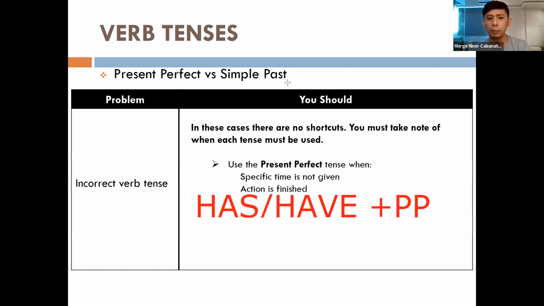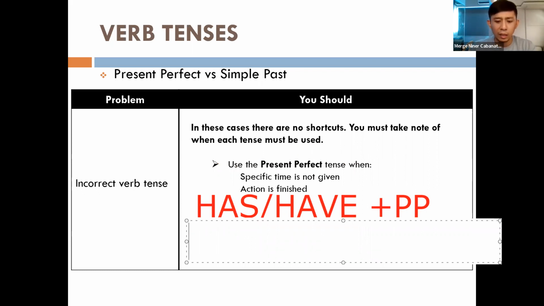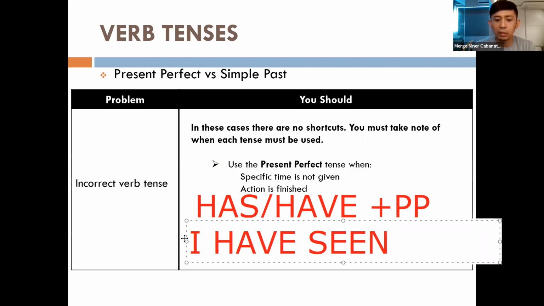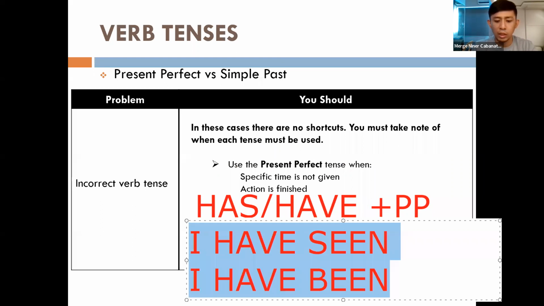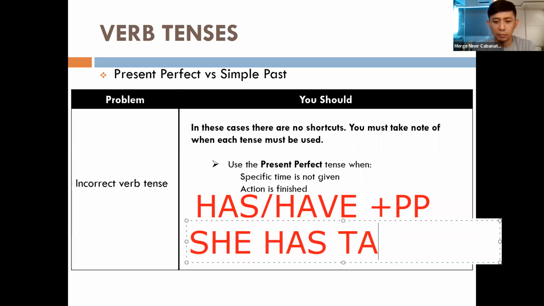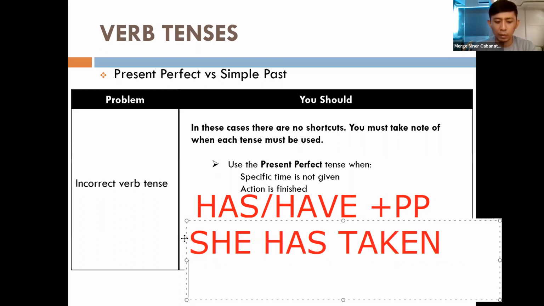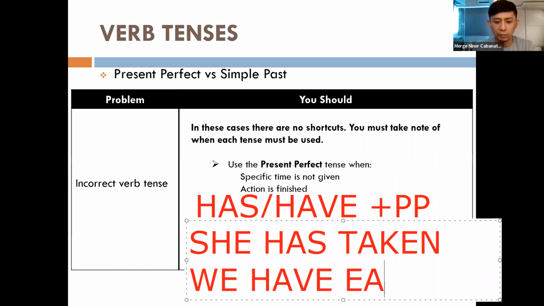So si has and have plus past participle, I have seen, I have been, she has taken, we have eaten. Yan. Tapos na, pero walang time expression.